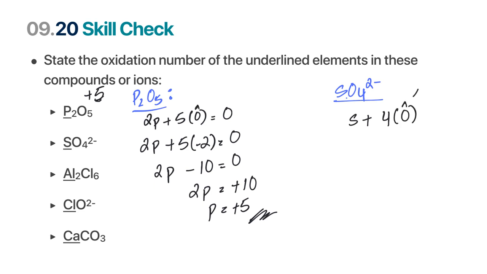This is probably not best practice, to put a hat on oxygen. Don't copy me. I'm just doing it so you know what I'm talking about. And so no one's confused, 4 times negative 2 is negative 8. I'm not defying maths here. Okay? It's all equal to negative 2. Why? Because the overall charge is negative 2, so it has to be equal to negative 2.